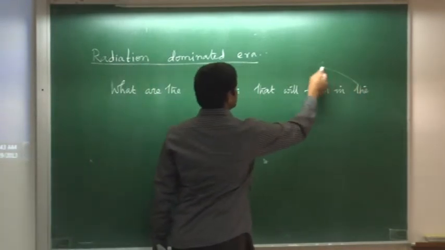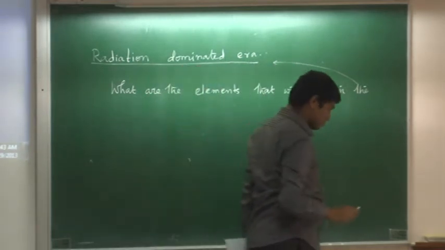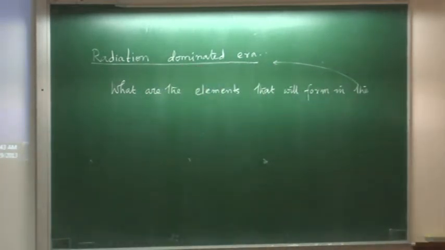So we see all these elements, uranium, whatever, up to something like atomic number 120. So where are they formed?